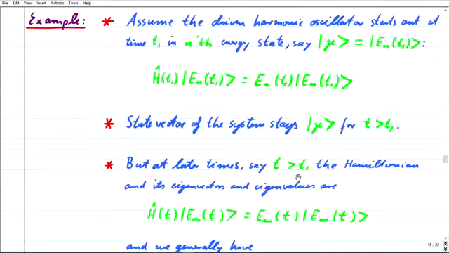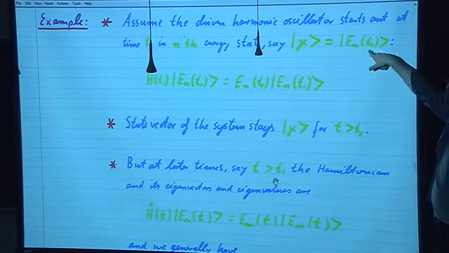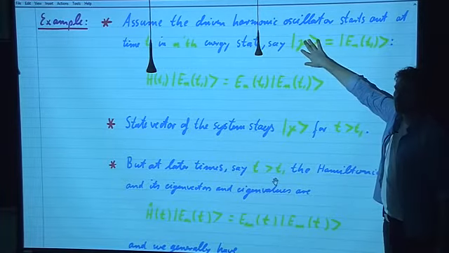Here's an example. Consider the driven harmonic oscillator, driven by an external force. So let's say it starts out at the time t1 in the nth excited state. So let's say that the state of the quantum system, of the harmonic oscillator, gamma, is the nth energy eigenstate at time t1. Right? So this is a particular Hilbert space vector.